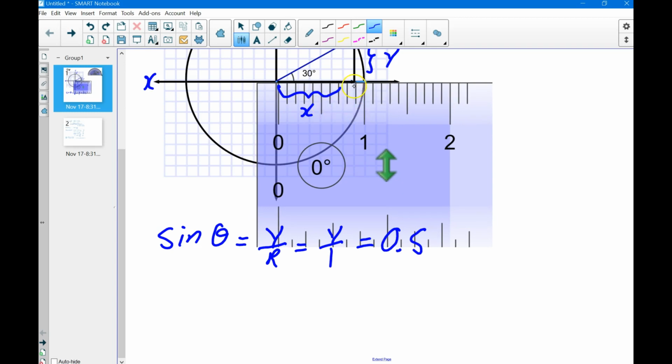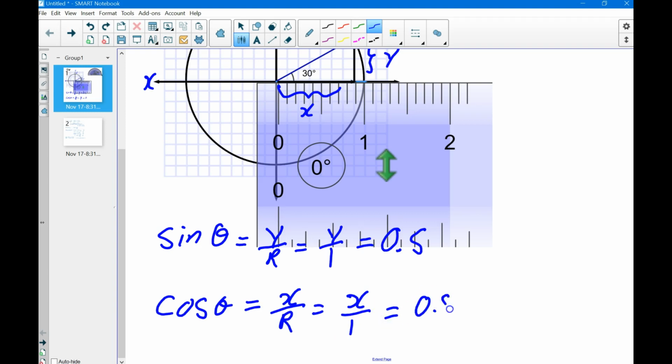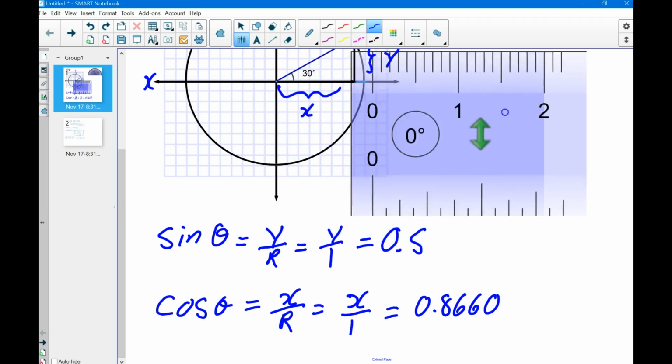It's a little past 0.8, but not quite to 0.9, which means the cosine theta is equal to x over r, which is equal to x over 1, which is equal to 0.866.